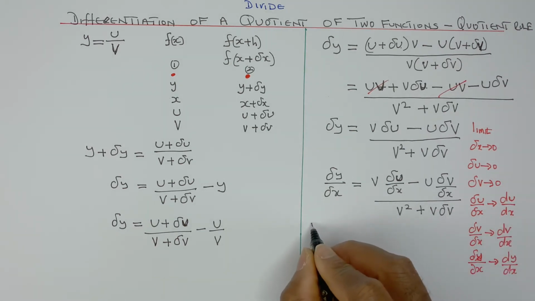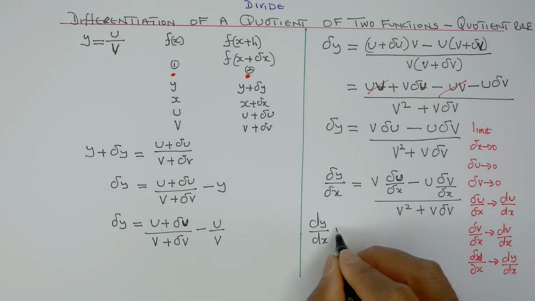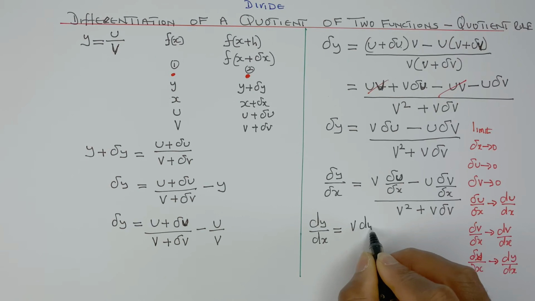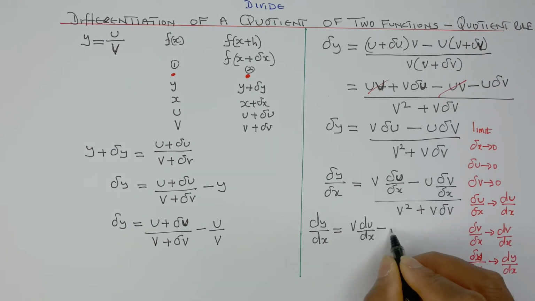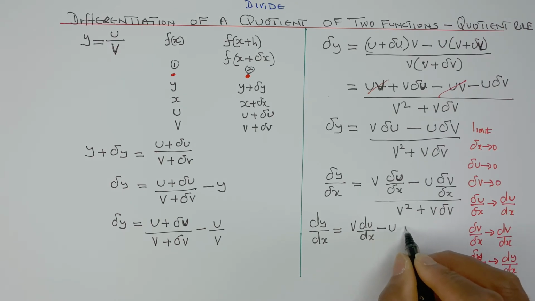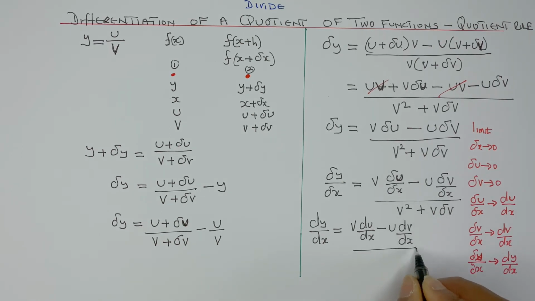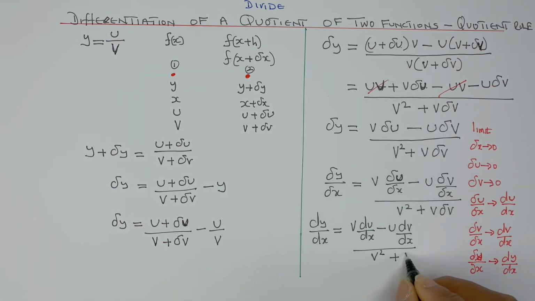We can now say dy over dx equals v du over dx minus u dv over dx, divided by v squared plus, well, we only have the v on its own, but that's 0, so plus 0.